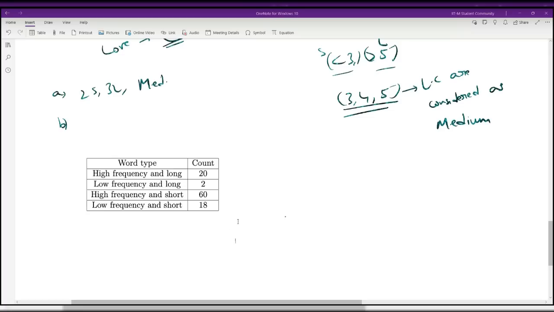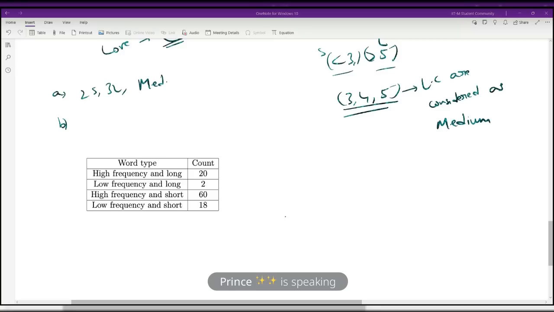And now from the given information, what did he ask us? He just asked us to see what percentage of high frequency words. From these things, first of all, can you please tell your method of solving this, the person who asked this question?